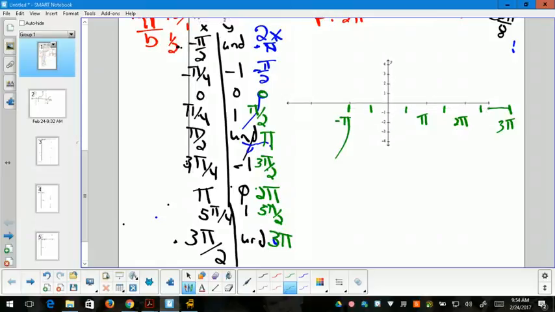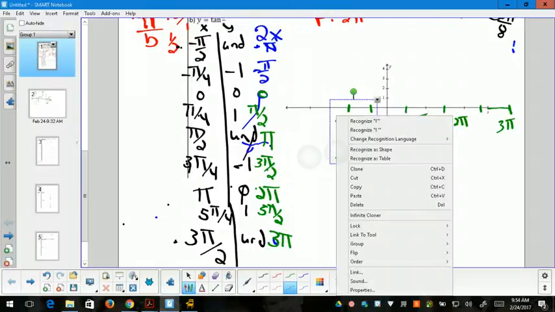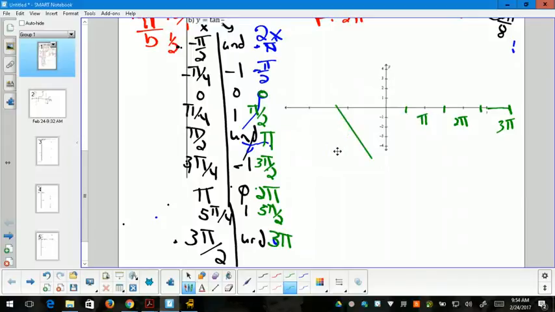So we plot these points. So now we have our asymptotes at negative pi, at pi, and at 3 pi.